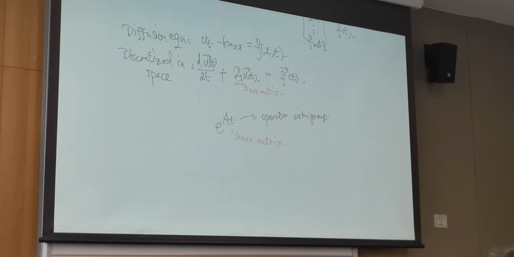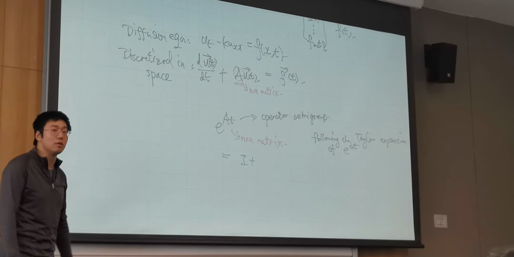The specific definition of e to the At can be written as just the Taylor series, following the Taylor expansion of e to the At when A is a number and not a matrix.